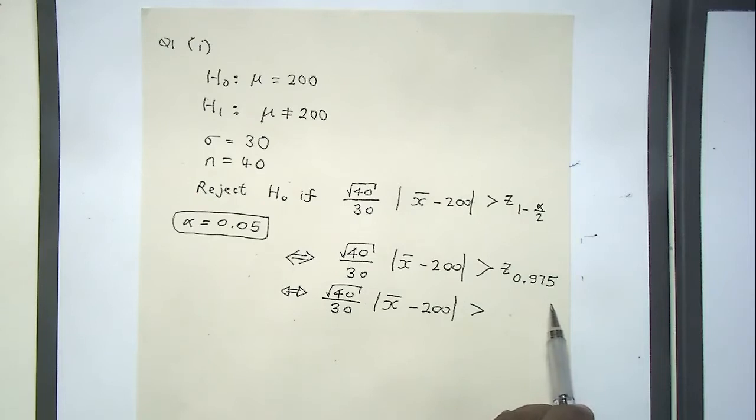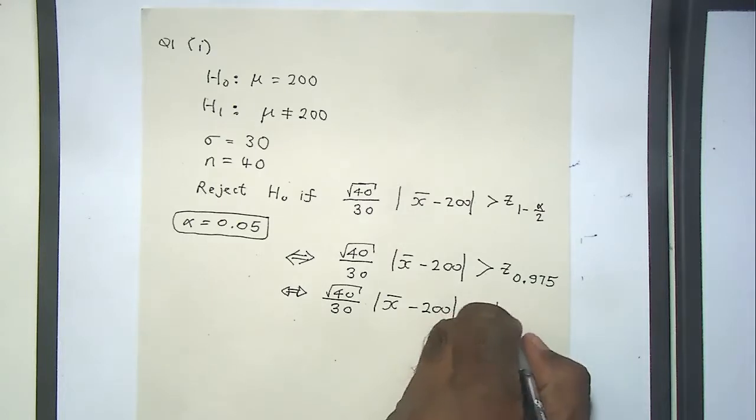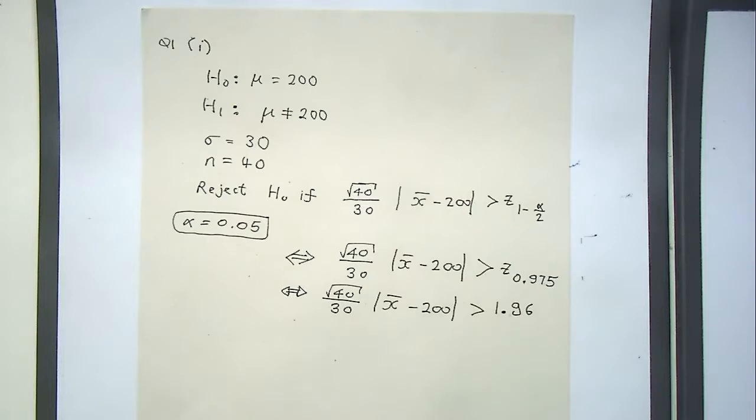It's 0.975. I told you last time how to read tables, right? What is this one? I think it will be 1.96. Correct me if I'm wrong. You should read that off the table. Is it 1.96?